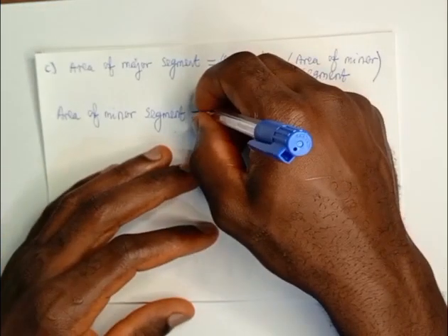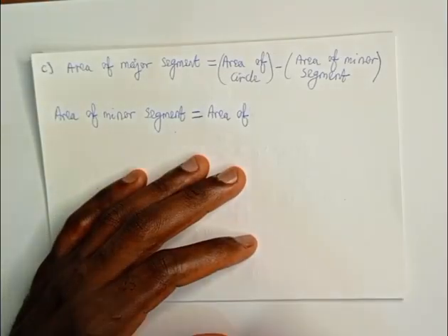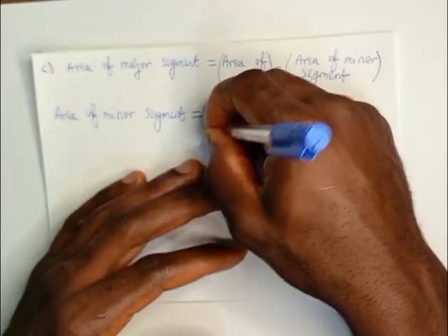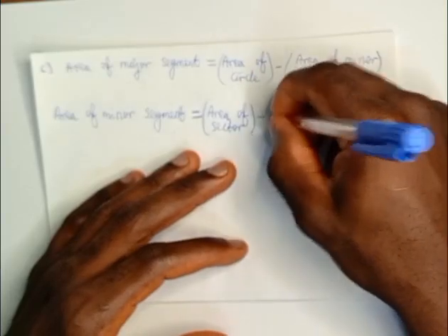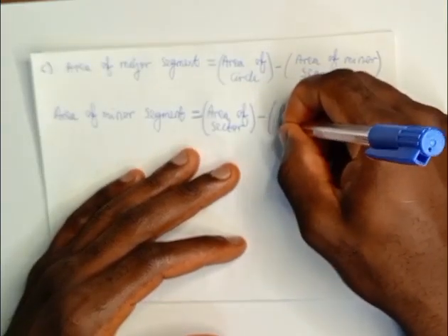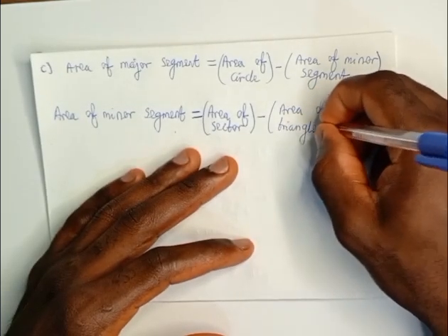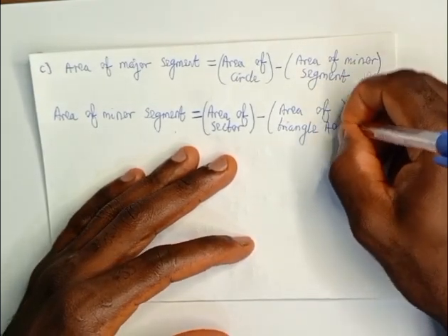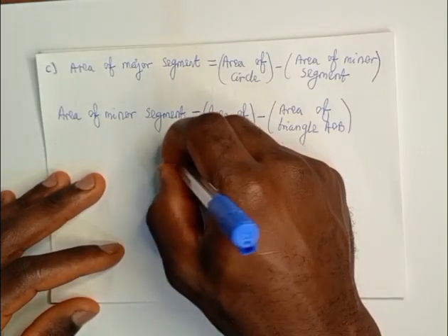Is equal to area of sector minus area of triangle AOB as such.